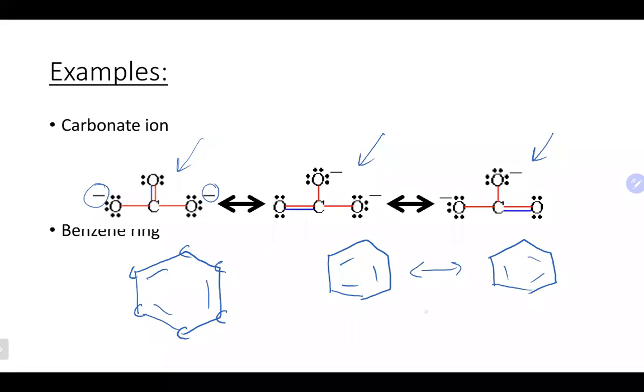And a lot of books and people will sometimes even just draw benzene with a circle in the middle to indicate that those double bond electrons are moving around the ring. So it's a very common way that this is sometimes drawn. That's more of an organic compound, which we'll get into a little bit at the very end of the class, but you'll sometimes see benzene drawn.